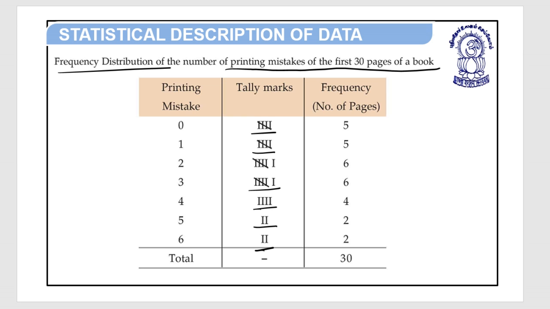Frequency, number of pages: 5, 5, 6, 6, 4, 2, 2, total 30.